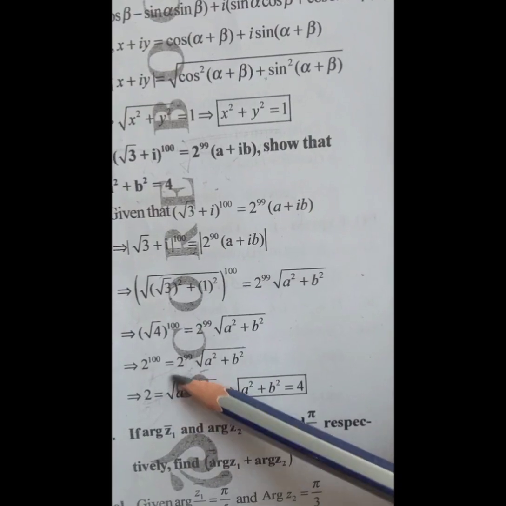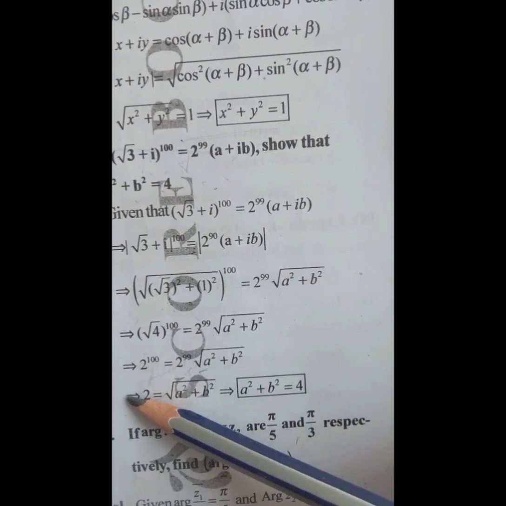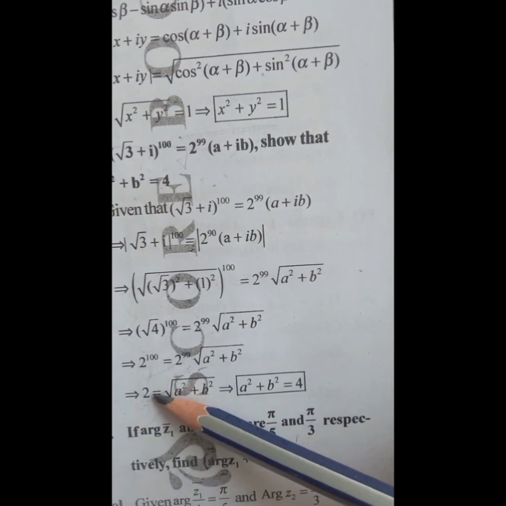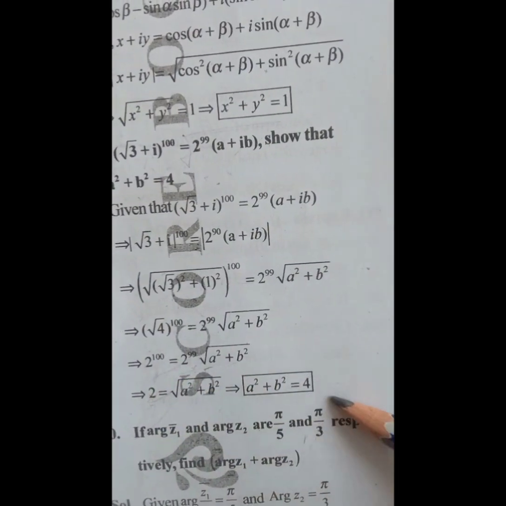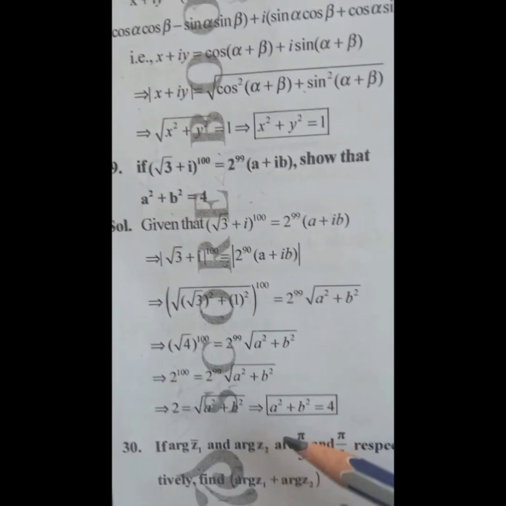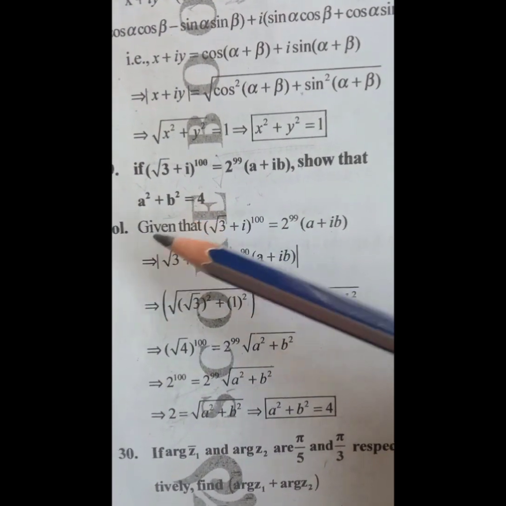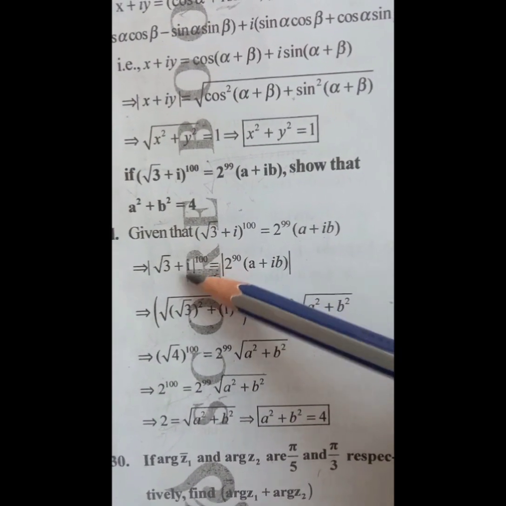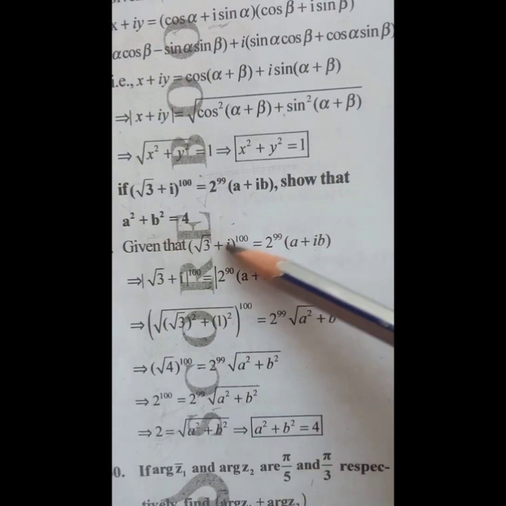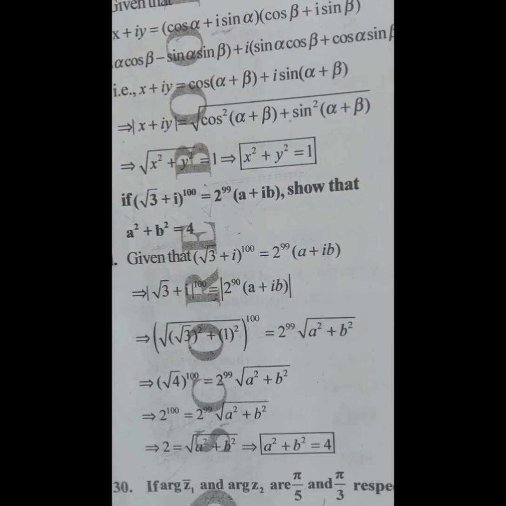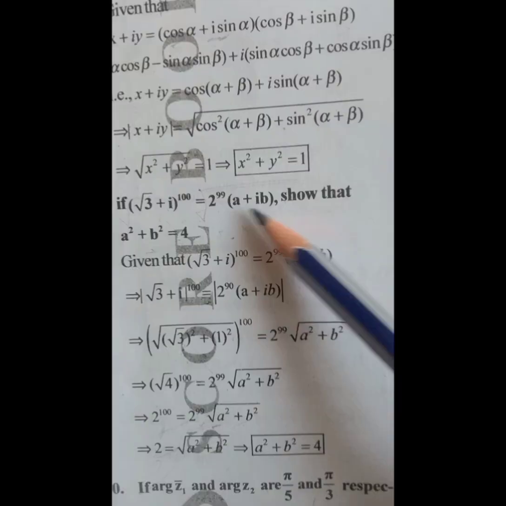For converting the square root to the opposite, 2 power 2 is 4. We satisfied this condition, so we showed that a square plus b square equals 4. This is the process for power 100 or power 99 problems.